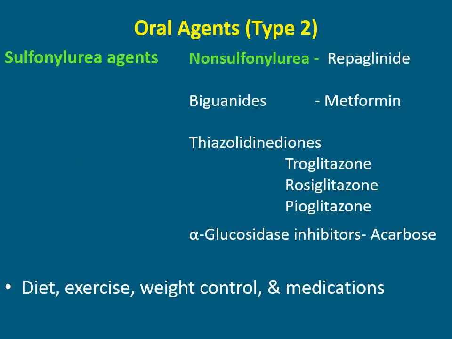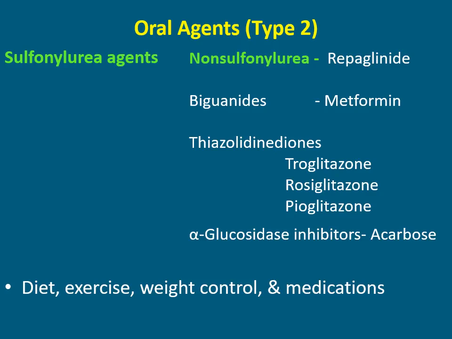Next, oral agents for type 2 diabetes patients. Sulfonylurea agents and non-sulfonylurea agents, such as repaglinide. Biguanides is the class name; the generic name is metformin.